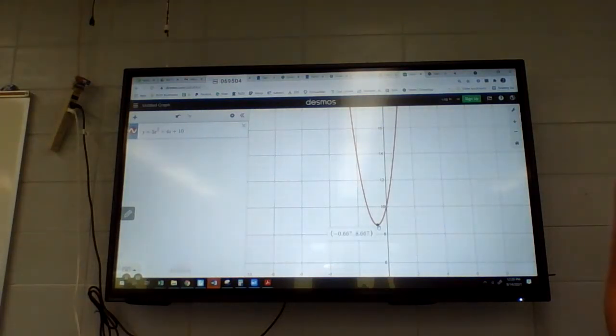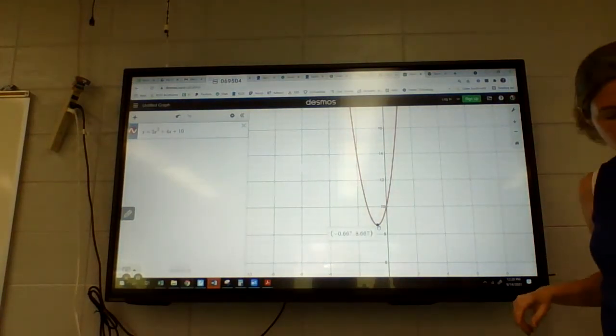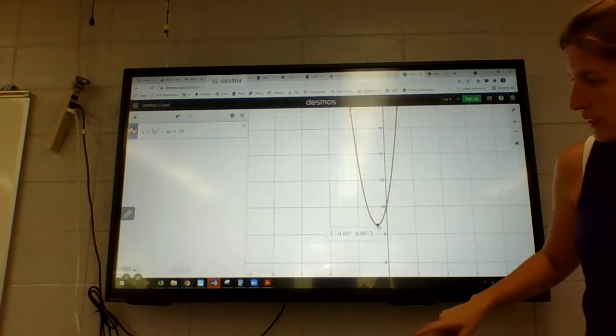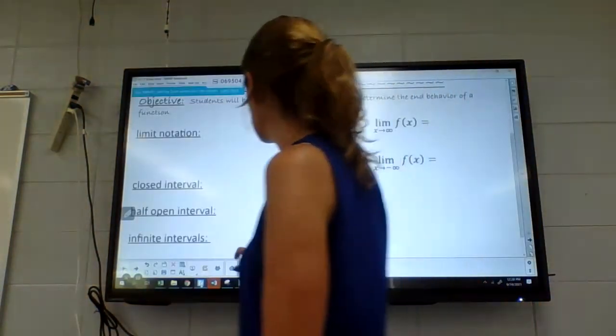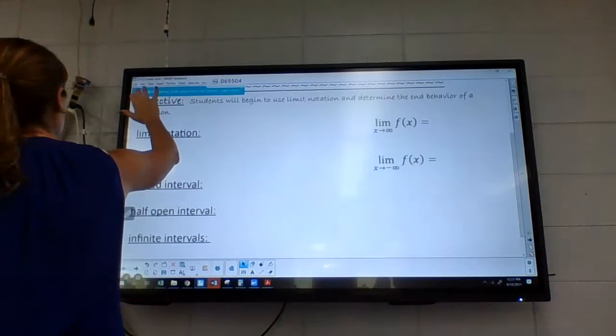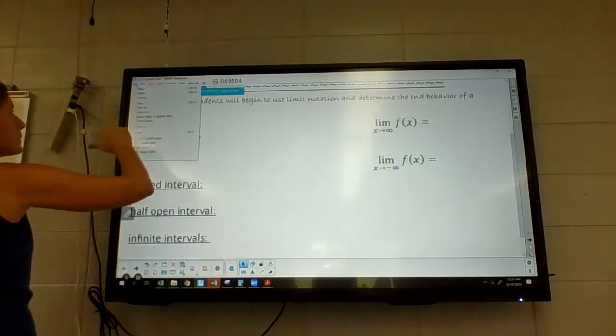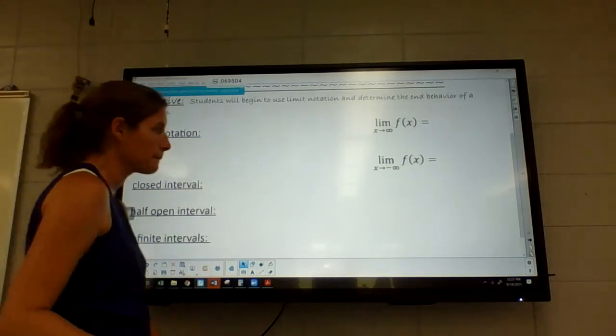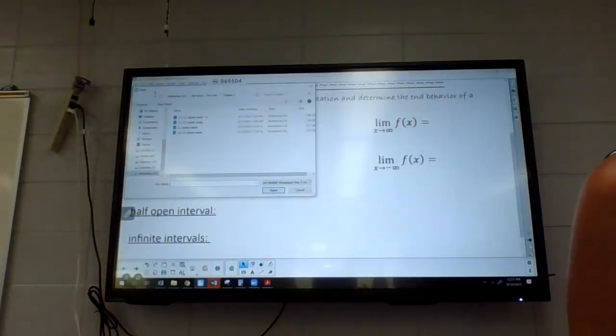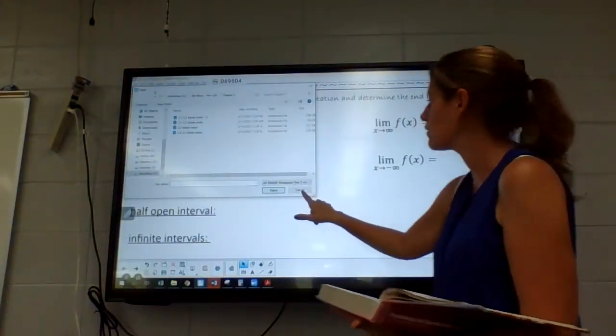Number 13, E and D. In 13, again, they're going to give us a graph here. Let me sketch what our graph looks like.